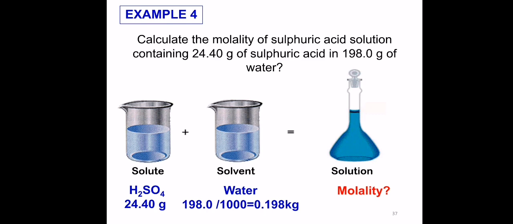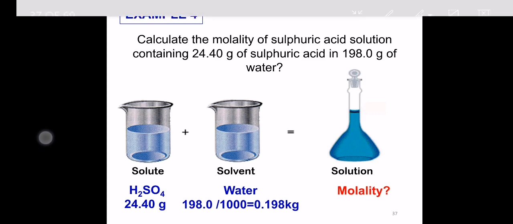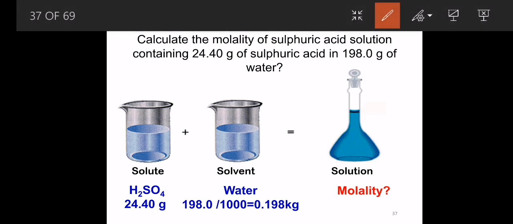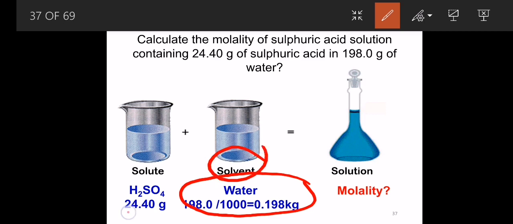So you can change the unit. 198 just divided by 1000, you can get 0.198 kilogram of solvent. This one is given. This one later you will find, the mole for H2SO4.